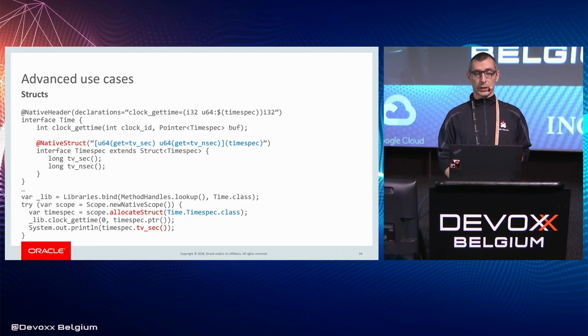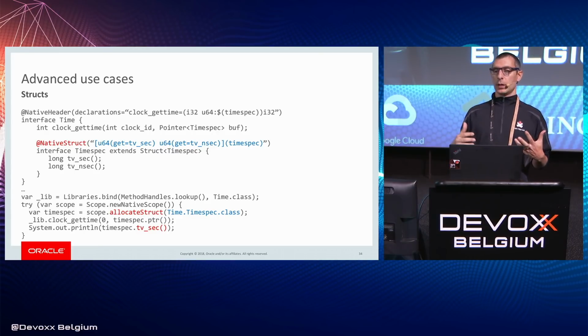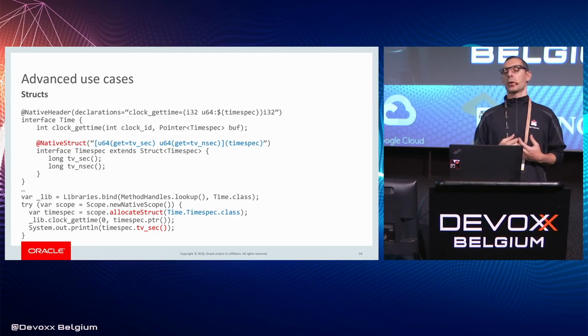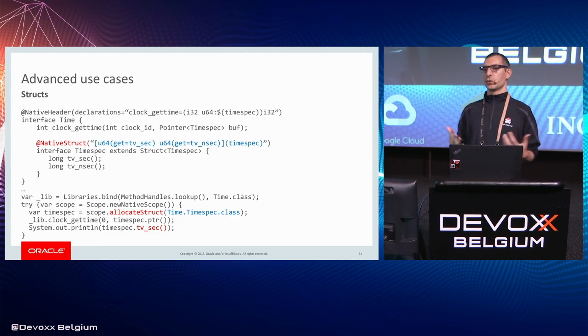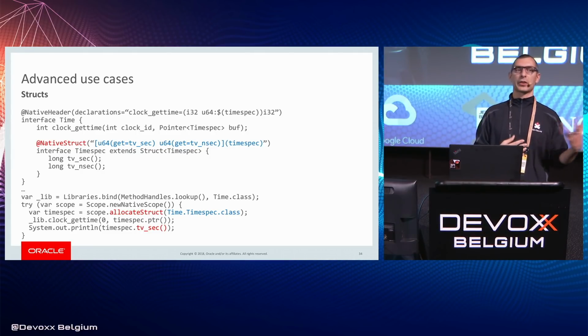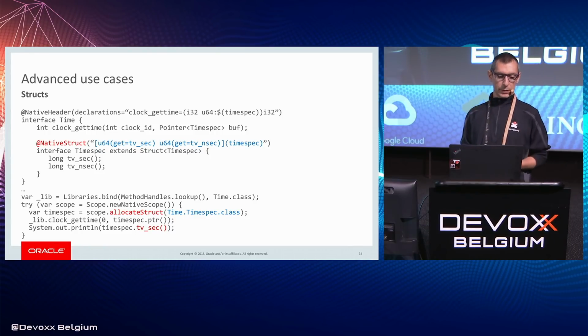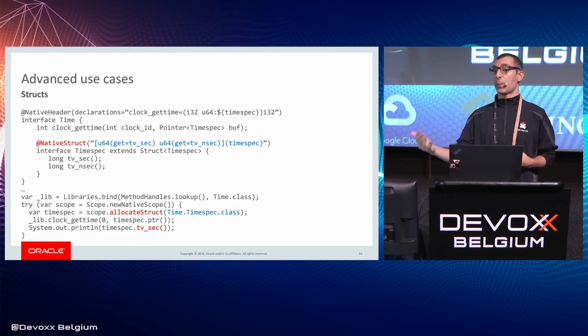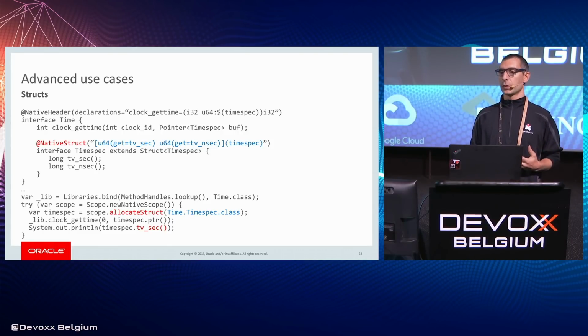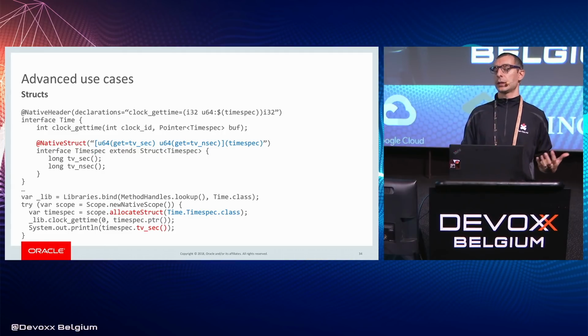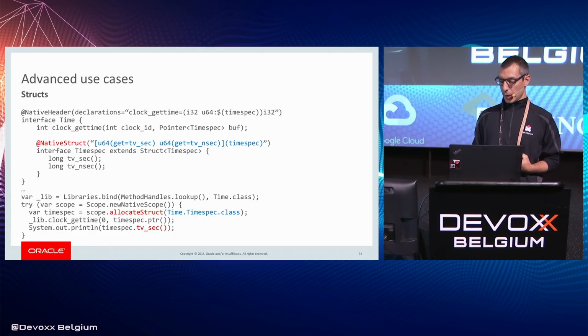Once we have an interface modeling a struct, then we can, again through a scope, allocate the struct, and then we can just use it as a normal POJO. We can call accessor methods on it, we can set fields, we can get fields, and we can pass it to a function taking the struct, and everything works. And this is off-heap data, so all the time we are interacting with memory that is not managed by the garbage collector.